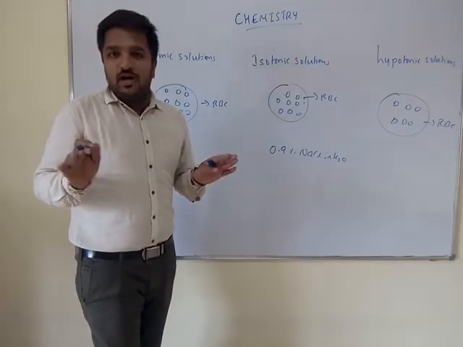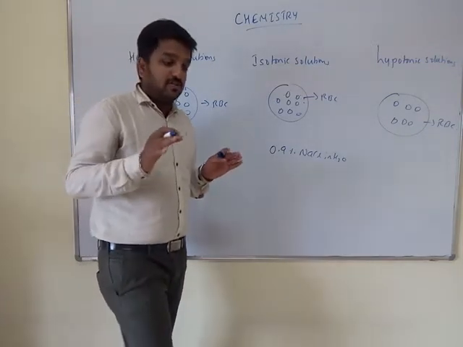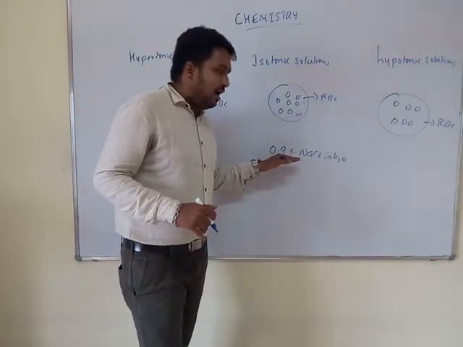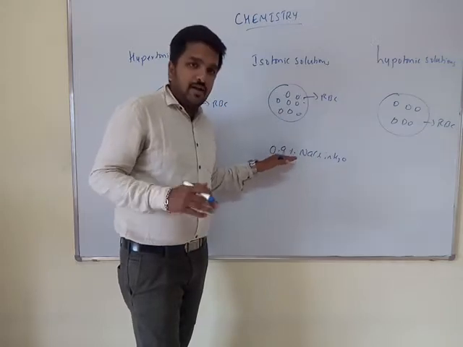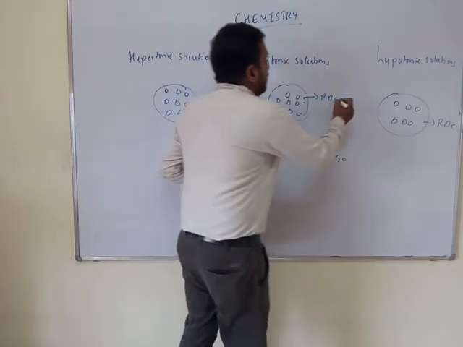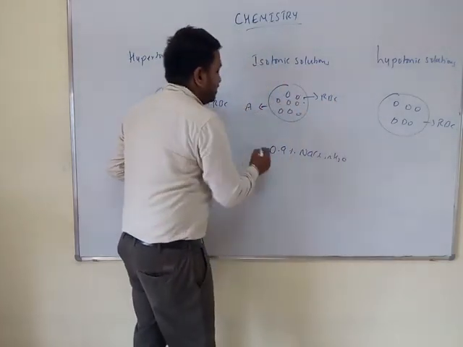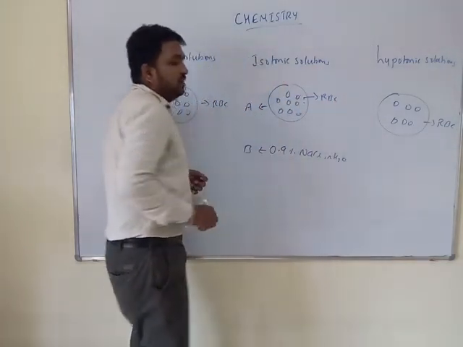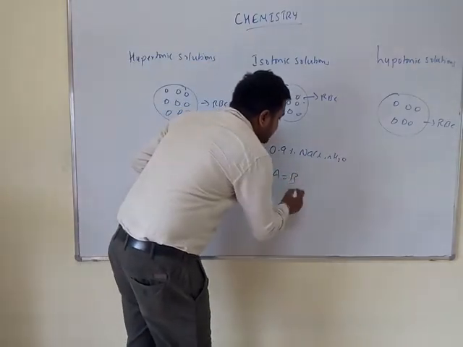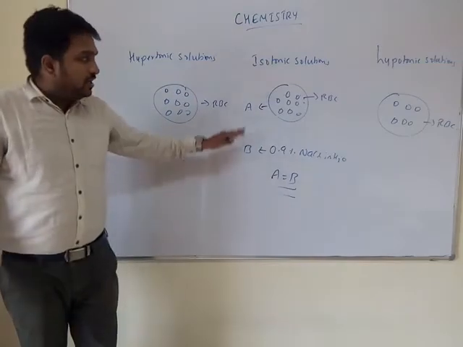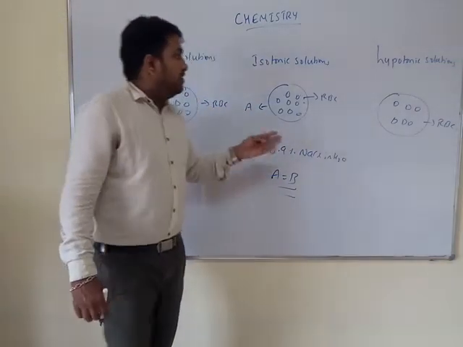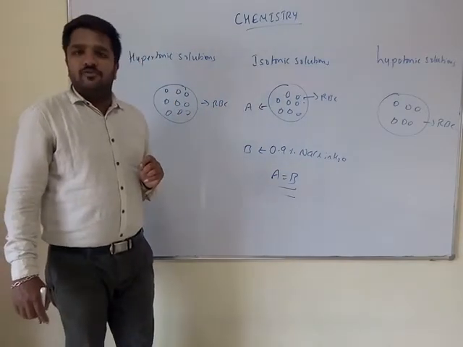So if you put this solution into red blood cell, what happens? There will be no osmosis. Clear? There will be no osmosis. Why is it so? It is because the osmotic pressure of this solution, that is 0.9% of sodium chloride in water, will be equal. Let us consider the red blood cells as solution A, and the sodium chloride in water as solution B. In this case, the pressure of solution B, the 0.9% sodium chloride in water, will be equal to the pressure of the red blood cells.